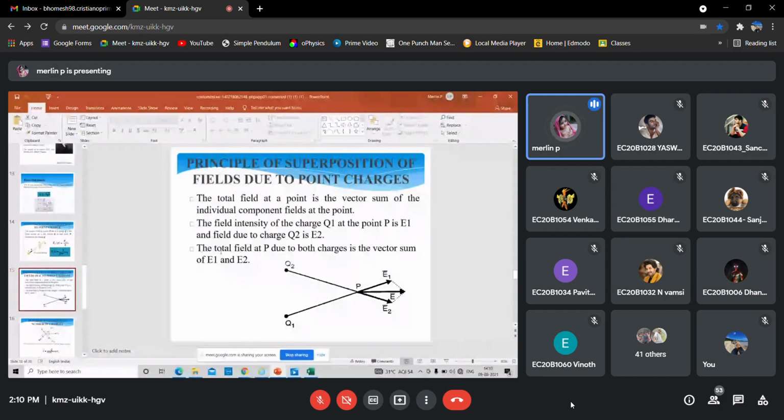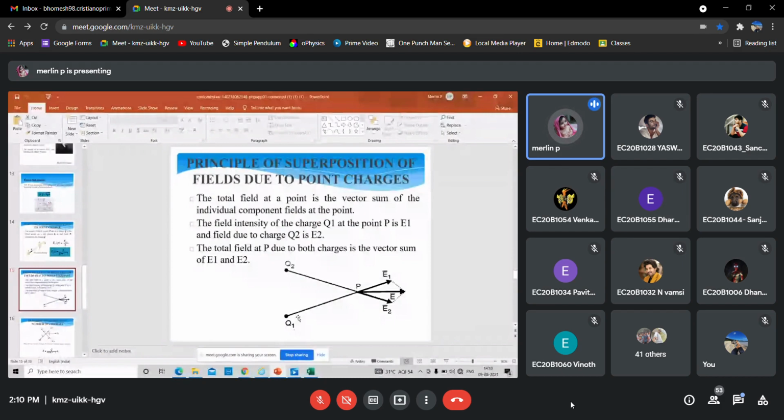So each point charge will create its own electric field. Suppose you have Q1 and Q2 charges placed and at some particular point you need to determine the electric field. The electric field at P is, if Q1 produces some electric field, that will be indicated as E1.